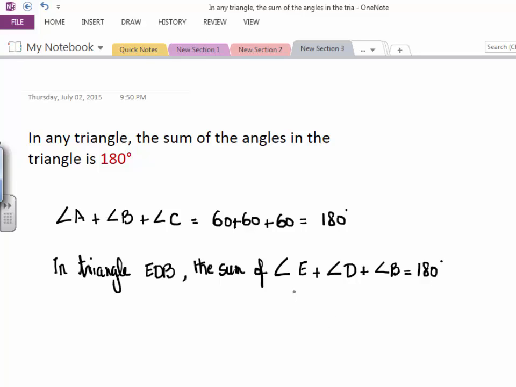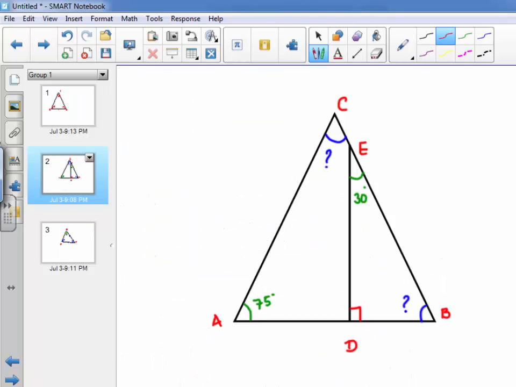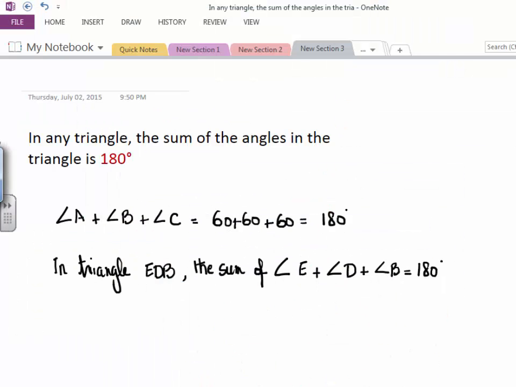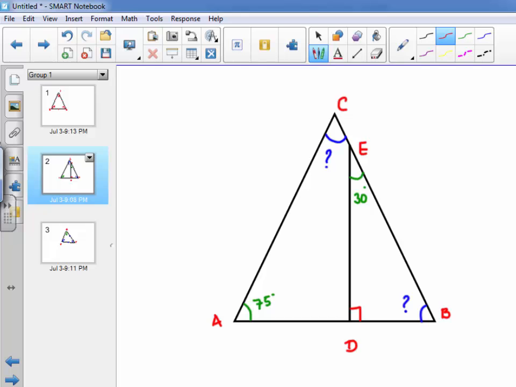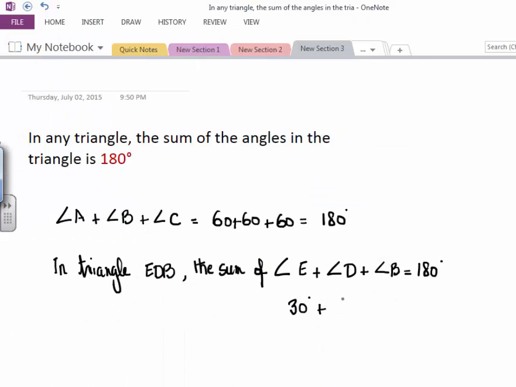So let's see angle E. Do we know it? Yes, DEB is 30 degrees. So I can say, okay, I have 30 degrees plus, let's see angle D. Angle D is 90 degrees. Excellent. So 90 degrees plus angle B, which is unknown, equals 180 degrees.